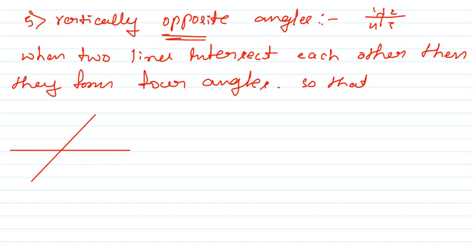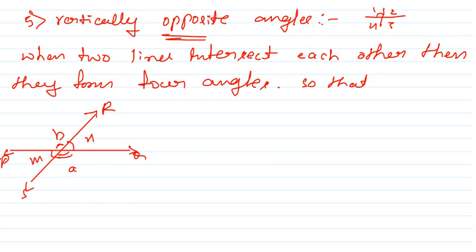This is P, Q, R, S. Clear? So this angle is called as N. This is B. This is M. And this is A. Clear?